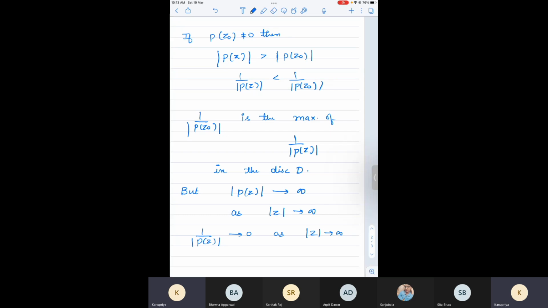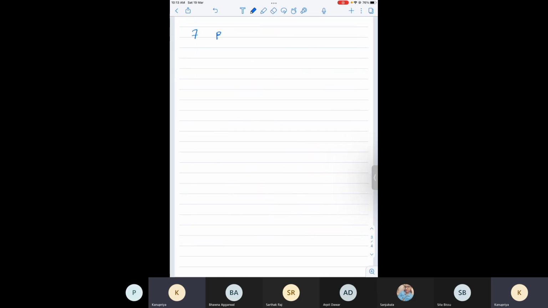From the limit definition, we can say there exists a large R positive such that 1 by mod of P(z) is less than, choosing epsilon accordingly, 1 by mod P(z naught), whenever mod z is equal to R. This will be true for every z whose modulus is equal to R.